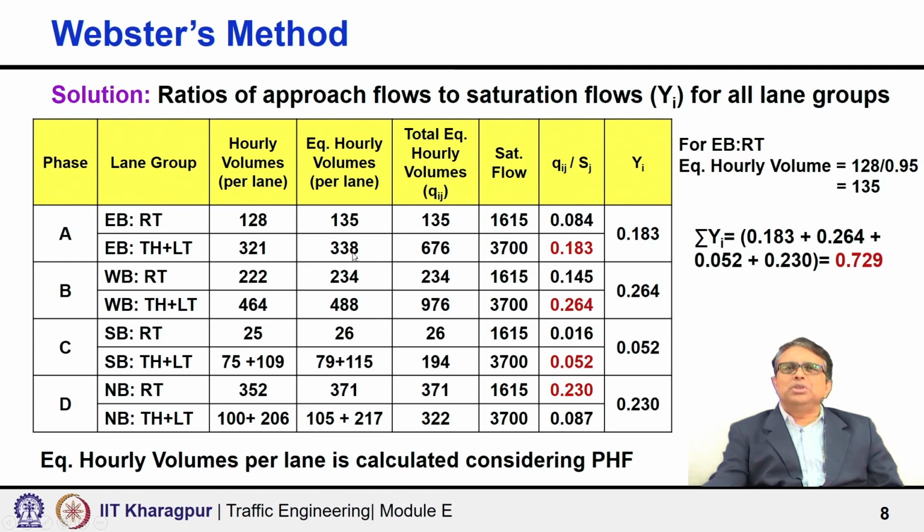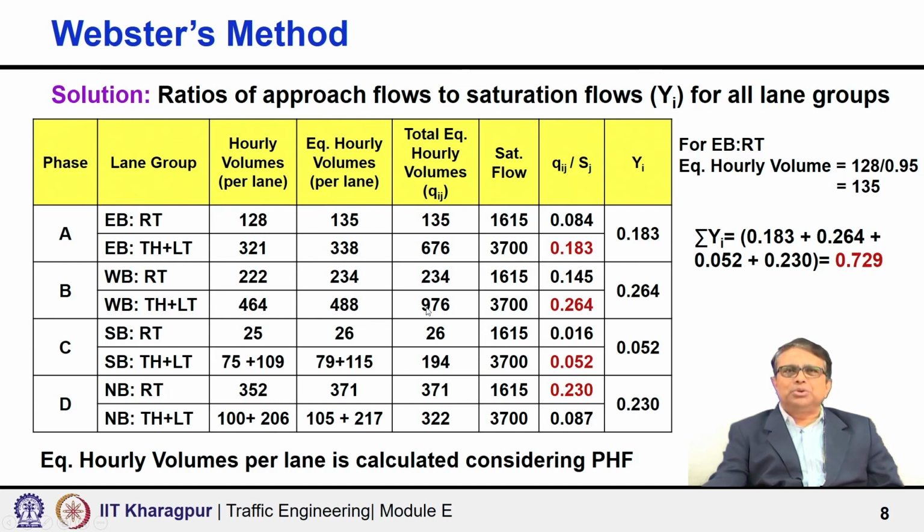So, the total will be 338 plus 338 equals 676. Similarly, here it is one lane, so 234 remains 234. 488 becomes double because one is the through and left shared lane with 488 equivalent hourly volume, and the straight is also 488.